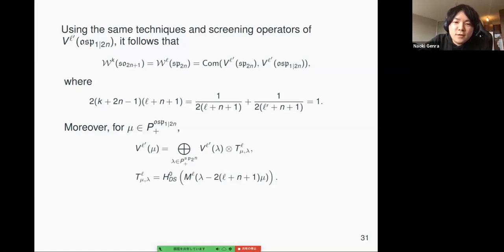I think if we can prove this statement using the screening operator, we can also possibly prove that the representation of affine OSP 1|2n can be decomposed into affine SP 2n and a coefficient module. And the coefficient module can be identified with some kernel of the screening operator, and with a different construction using the Bar module of FP.